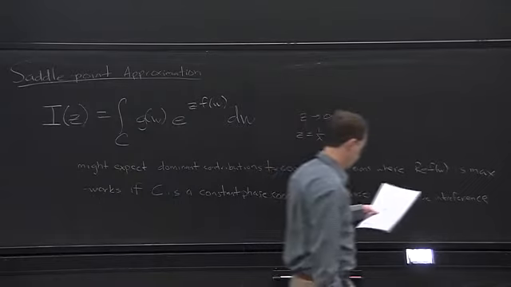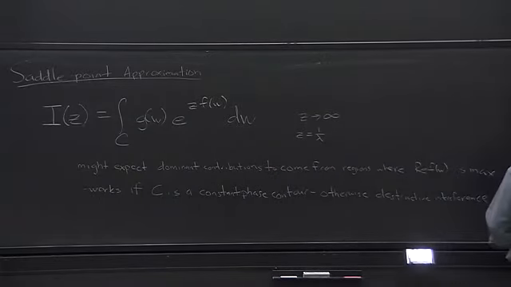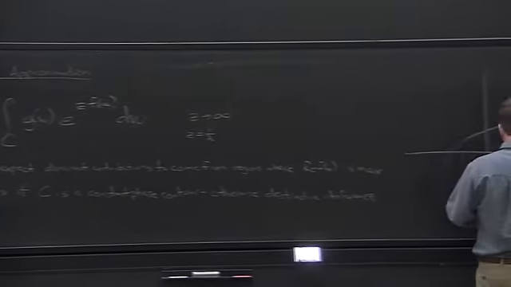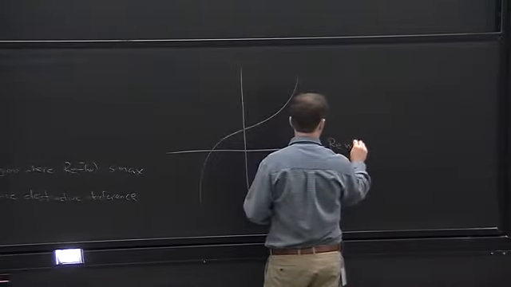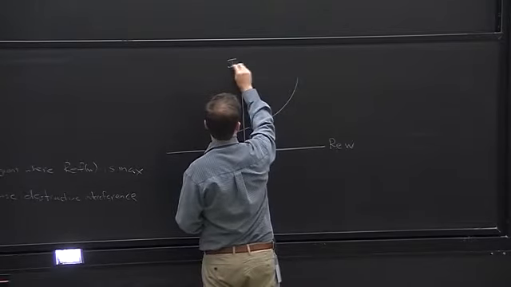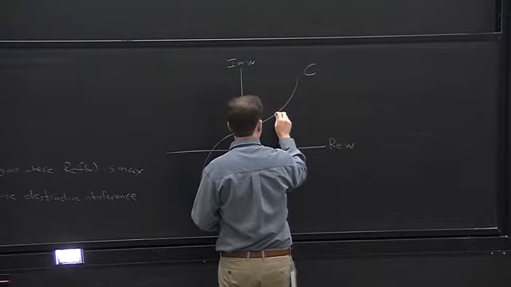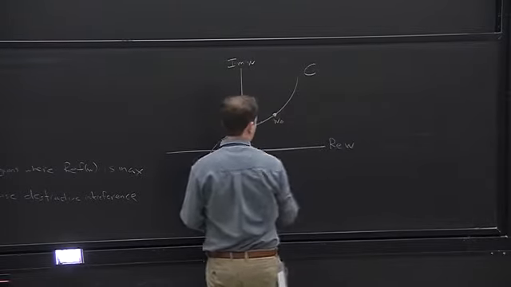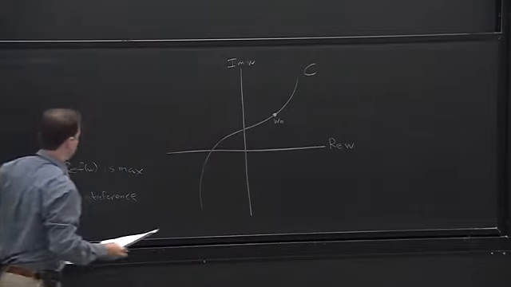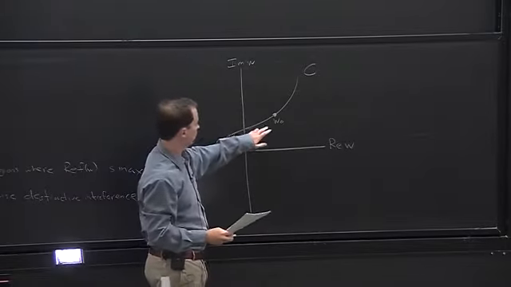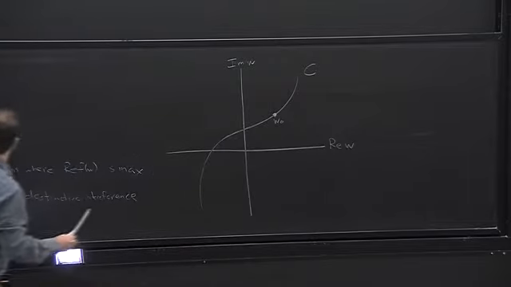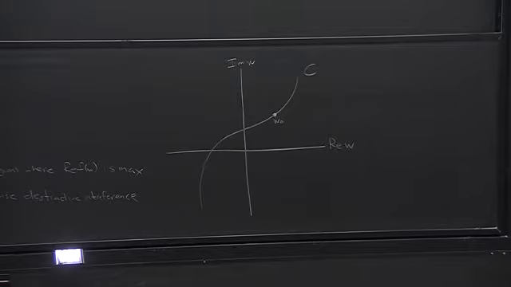So what we want, we've got some contour in the complex w plane. And we want to approximate this integral as z goes to infinity as being very peaked around the value where the real part of f is maximum.